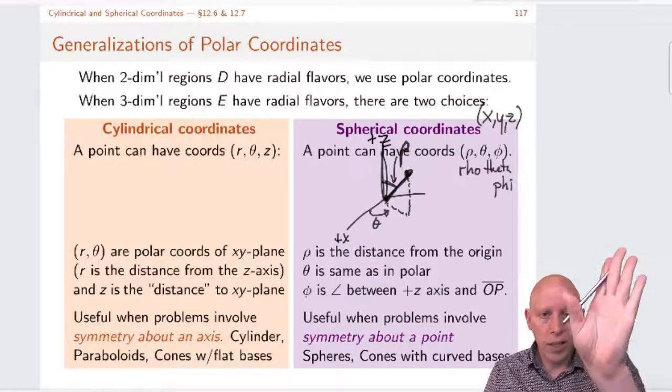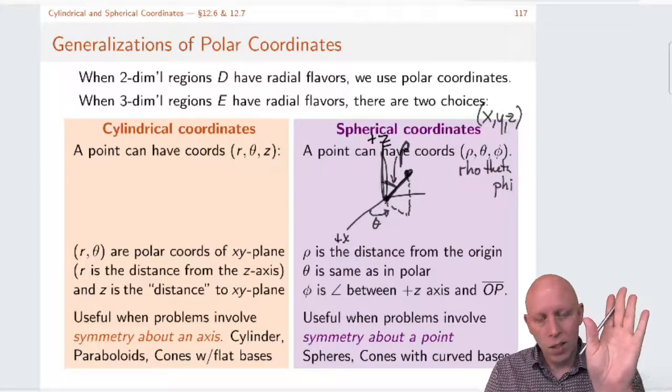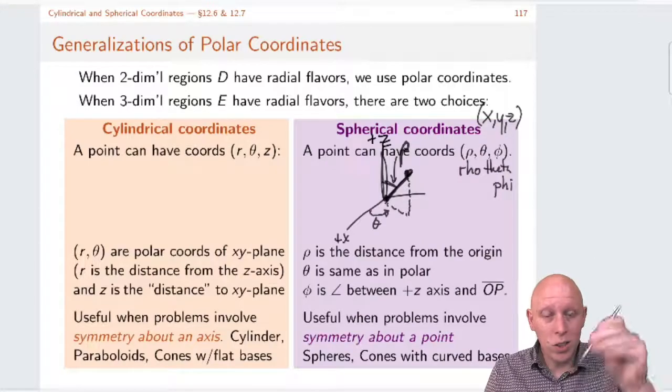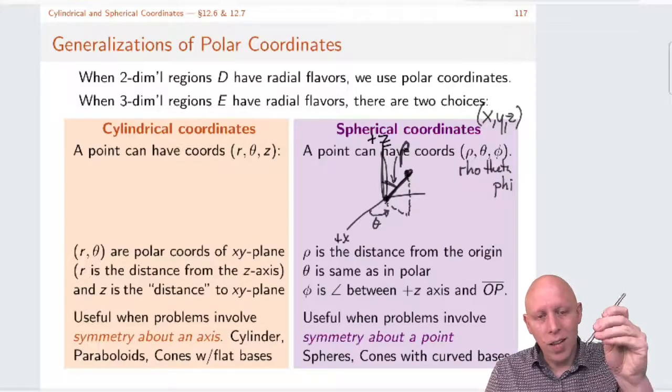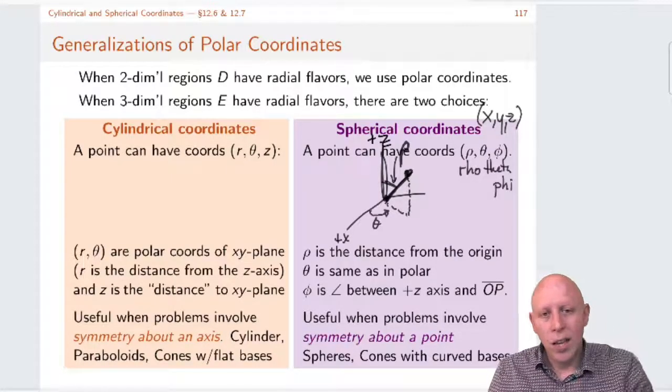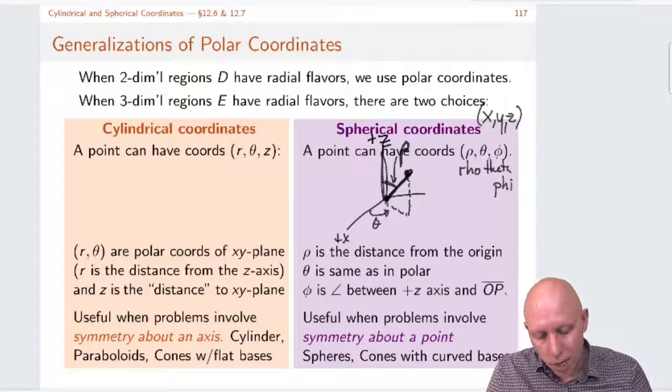If you go from the origin to the point, that vector has been rotated down from the positive z-axis. And that is going to give us what phi is.